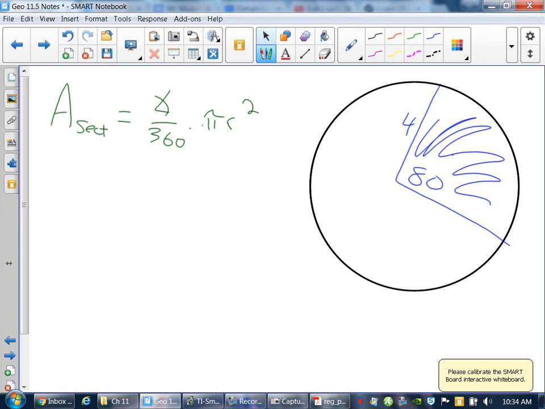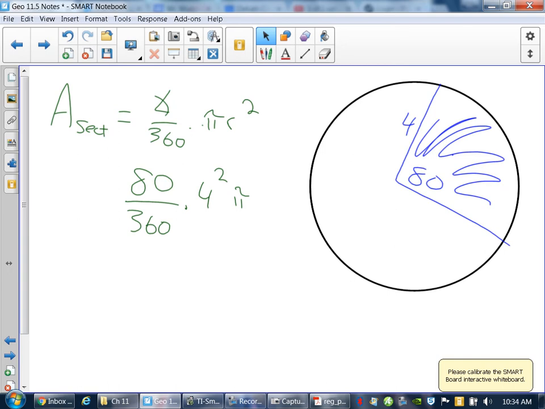I write out the formula with the pi in the middle because that's usually the way things are written, but when we put it in the calculator, we put it last. So it's going to be 80 over 360 times 4 squared pi. If you type it in just like that, it'll spit out a clean answer for you.